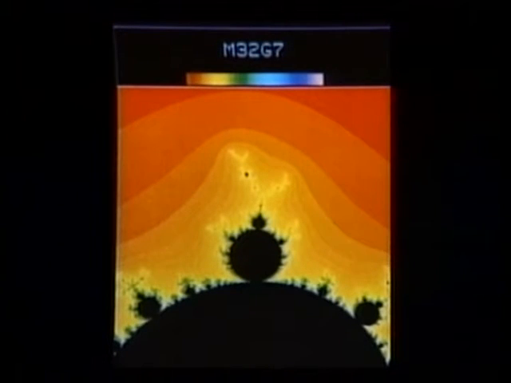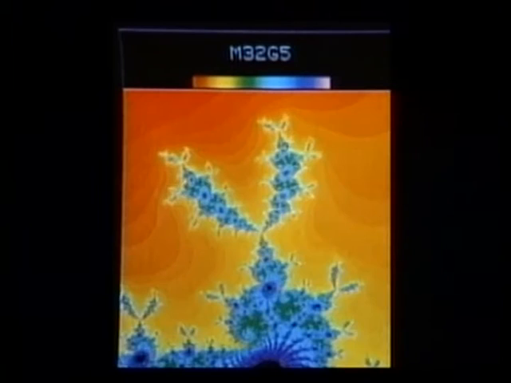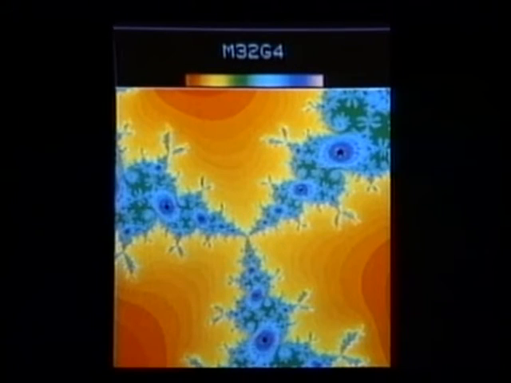We're going to look between the ball that is sitting in the middle of the picture and the big body at the bottom. You see shapes reminiscent of the rabbit. That has to do with the fact that the rabbit actually is a point in the middle of that ball. Here you see serpentine shapes, and in the center of these serpents, you will find little copies of the Mandelbrot set.